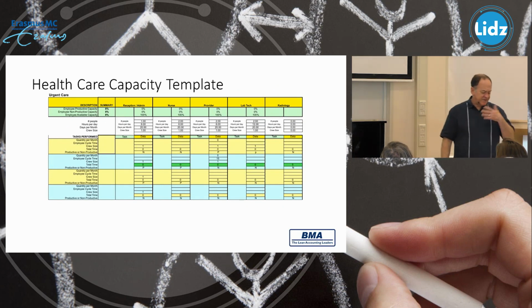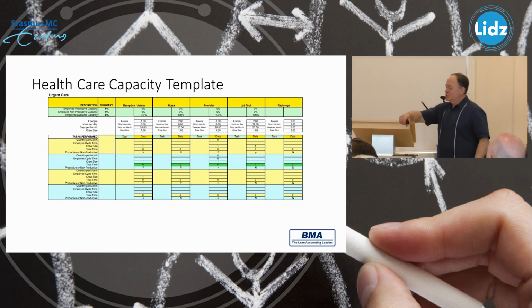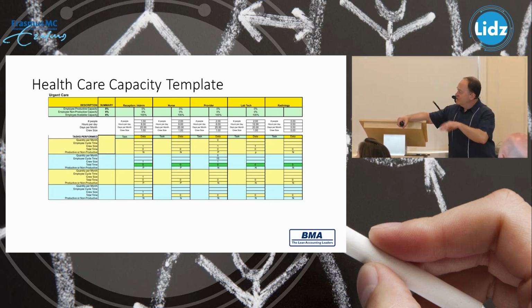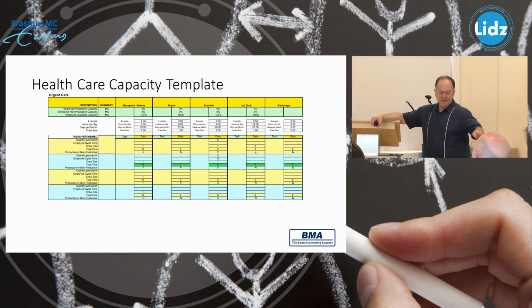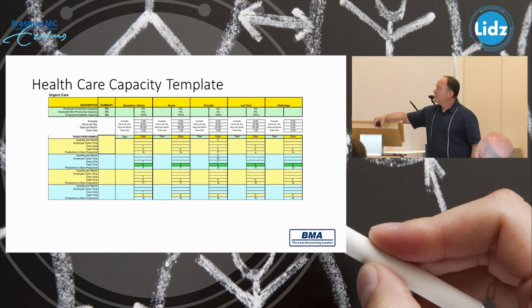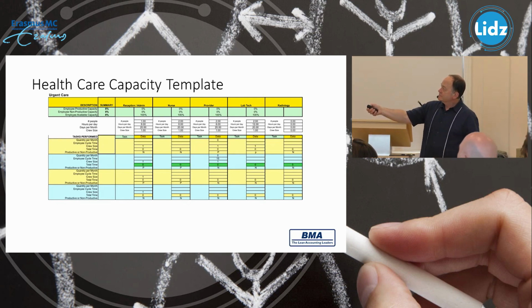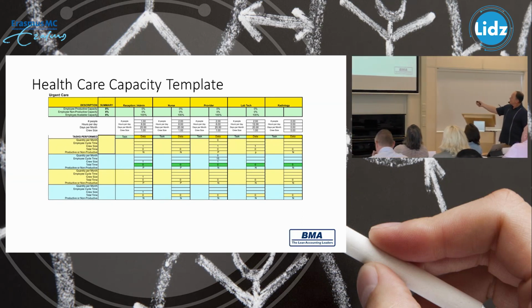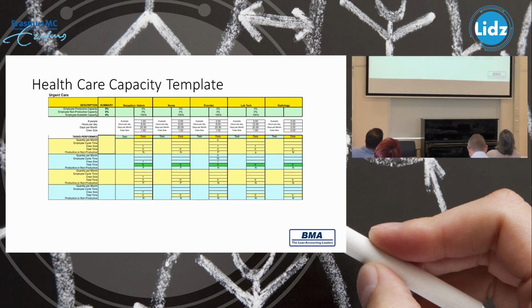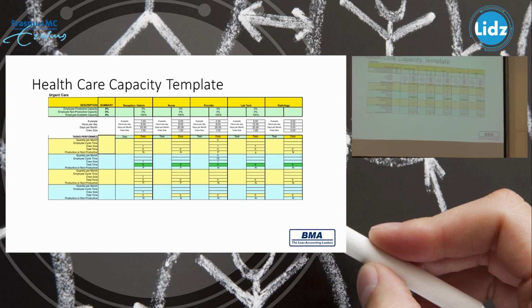Now, this is an example. We have a spreadsheet that can be used, and this is just a screenshot of it. If anybody would like a copy, I can get Freck a copy and he can send it out. The idea is you look at, like, this is the urgent care, and you look at the different roles, and under task you list the different activities that typically go on.